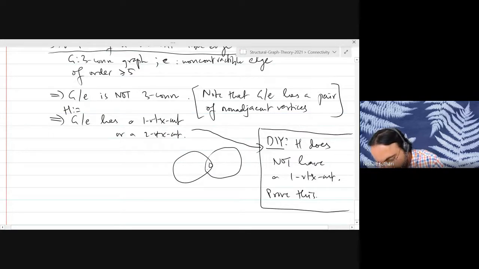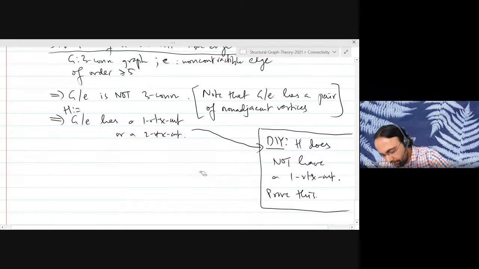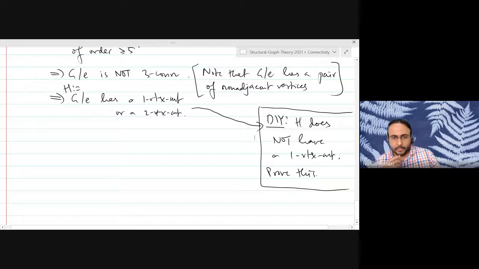Otherwise, when you think about reversing the contraction, you will get a 1 vertex cut or a 2 vertex cut in the original graph G, which is a contradiction. It's not difficult, so don't worry about this right now. Even if you don't see how to prove this, you will see how to prove this by the end of this discussion.